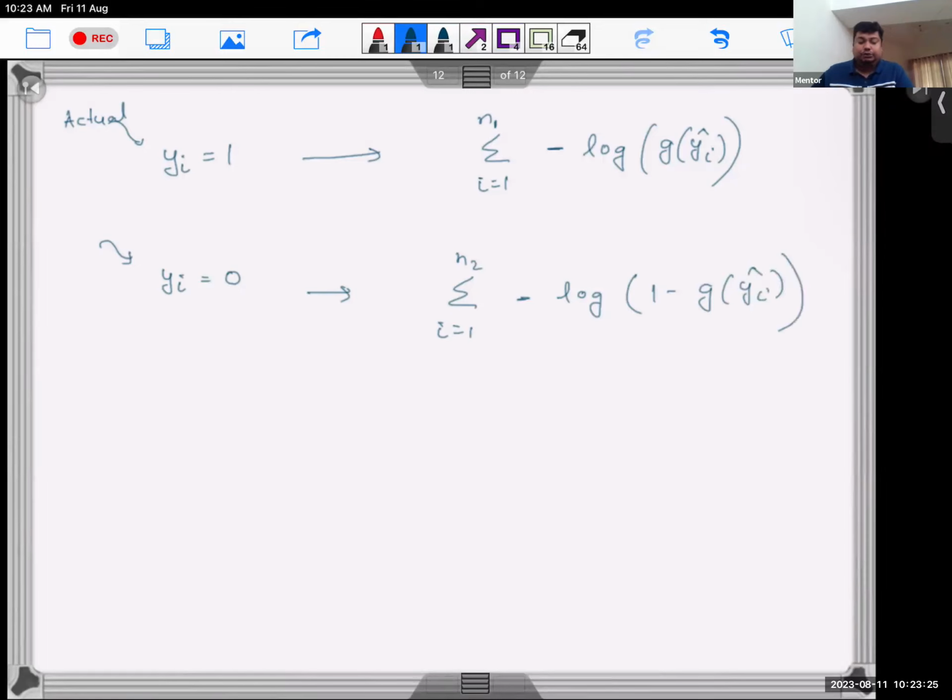I'm going to show you how to combine these two loss functions. Let me just first write it and then I'll explain. I'm going to merge, let's call them L1 and L2, these two loss functions.